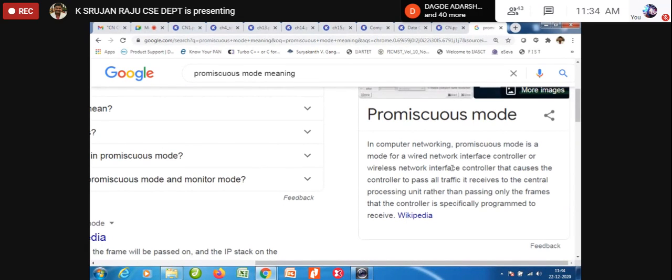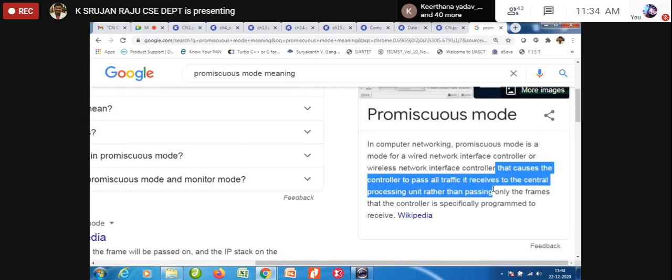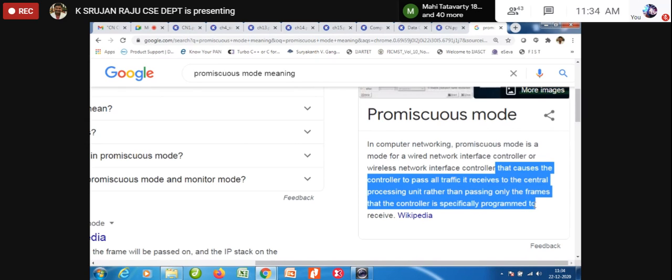Now, have you understood anything from this? Uday, have you understood? Yes, sir. Instead of passing only certain parts of the data, it transfers all the traffic through the CPU.